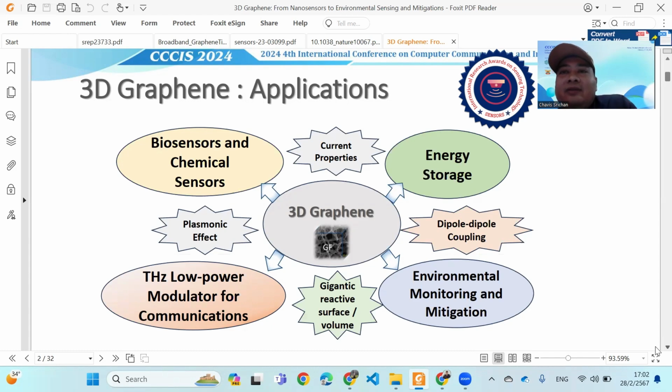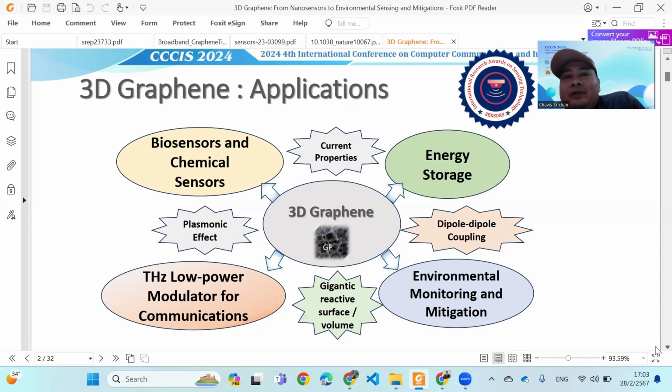So in this talk, we will cover all of the applications, including, possibly, our work on energy storage, which we might publish in a few weeks or so, and also our work toward terahertz communication using graphene material as well.